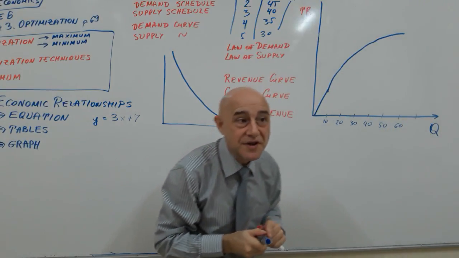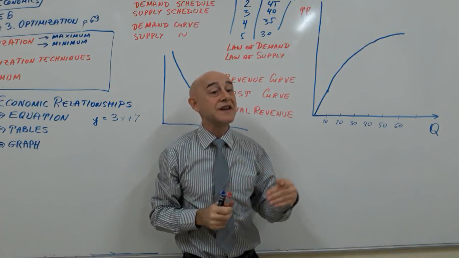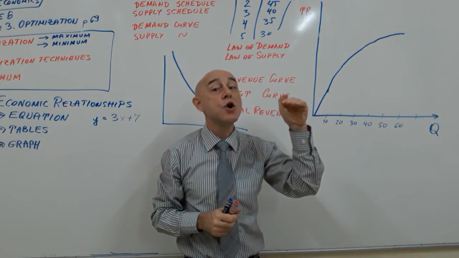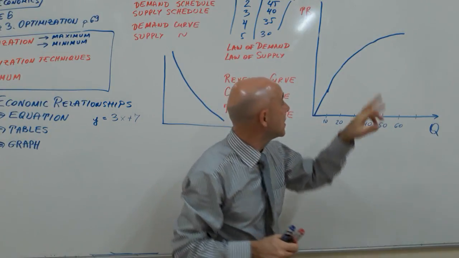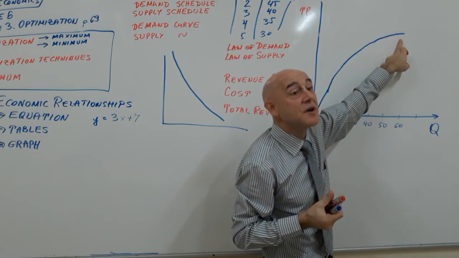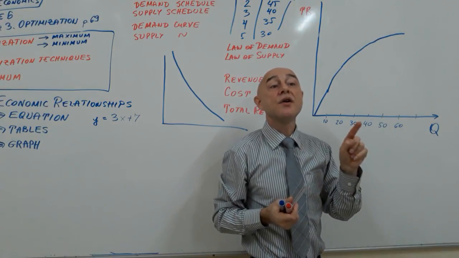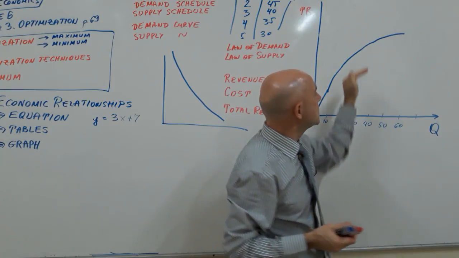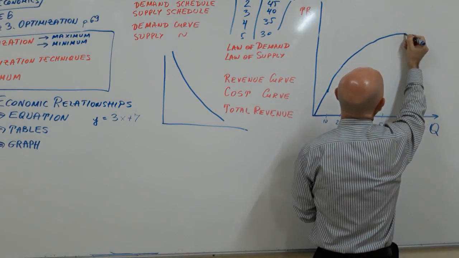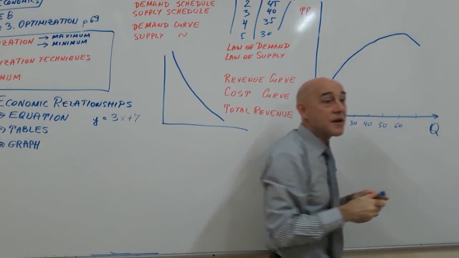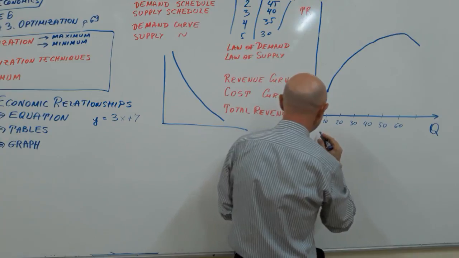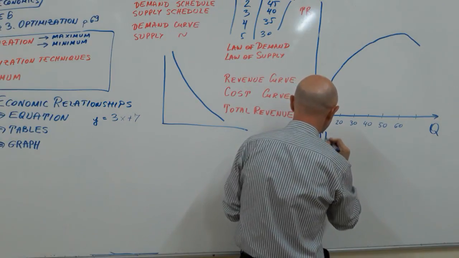And at one point, even though you wanna sell more product, the price goes down sufficiently so your revenue simply doesn't go up, but actually can fall. No, it's not getting flat, it can actually fall. Because, now let's see what TR is.